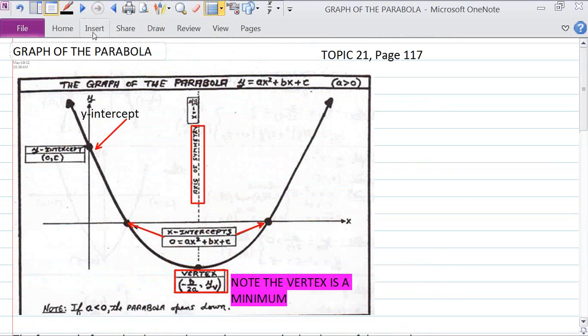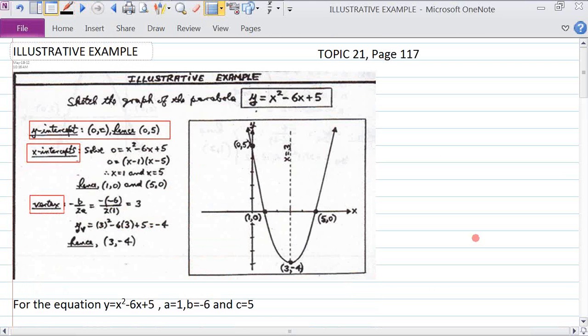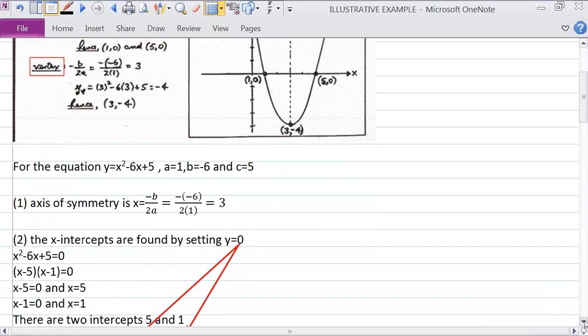So let's see now how we use this in a specific example. Here we have y equals x squared minus 6x plus 5. And you see here we have the y-intercept, the x-intercepts, and the vertex. Now we're going to go to each one of these and, of course, the axis of symmetry.